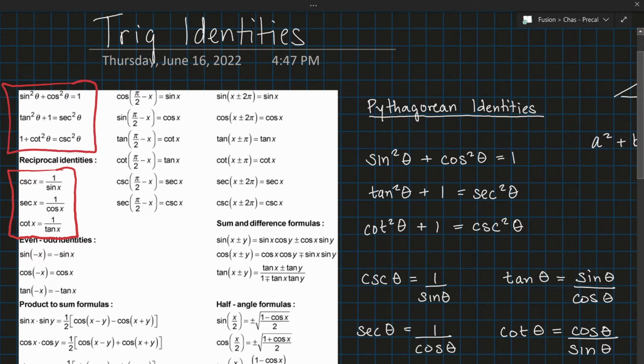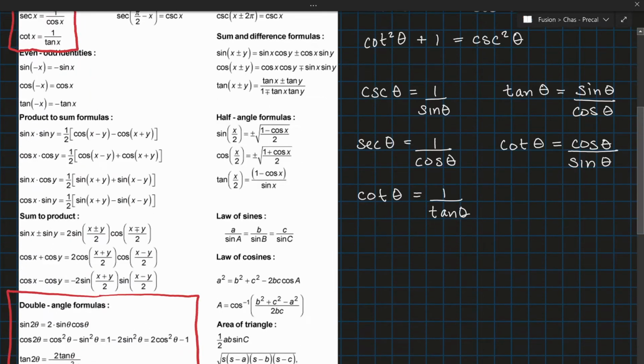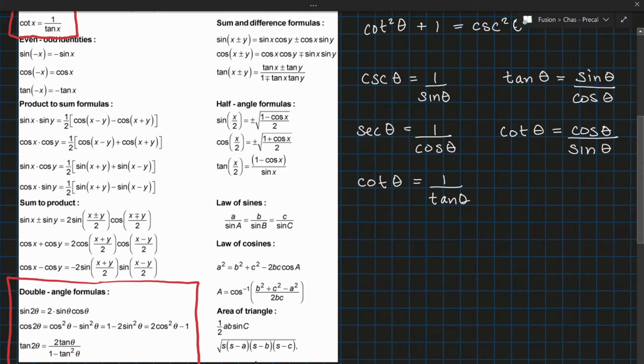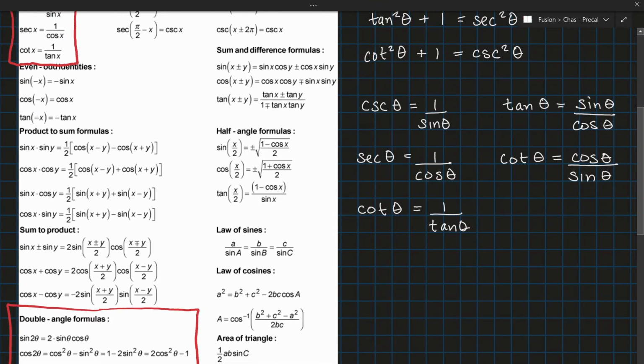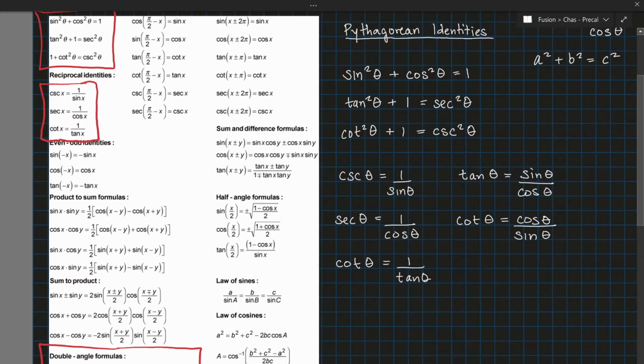Probably the only ones I really do are these, maybe the even-odd identities, and that's about it. There's no way I memorized the product to sum or sum to product formulas. Those are a little bit much. But anyways, let's use these to solve some problems.